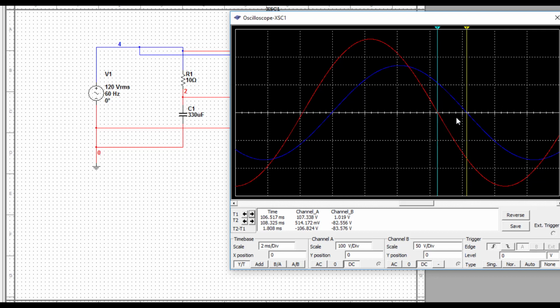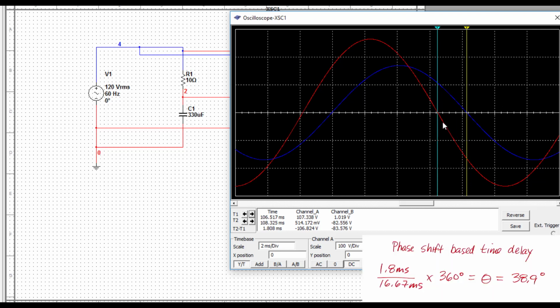So this is going to allow us to determine the circuit phase angle. And notice how we clearly have a leading current. The red sine wave is leading the blue sine wave, as it should be for a capacitive circuit. The total time displacement here is 1.8 milliseconds. So if you look at the screen to the right, you'll see the calculation I did, and we find that we do have the calculated circuit phase angle of 39 degrees.